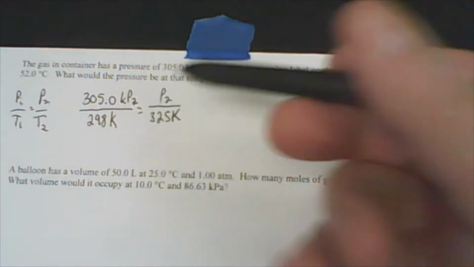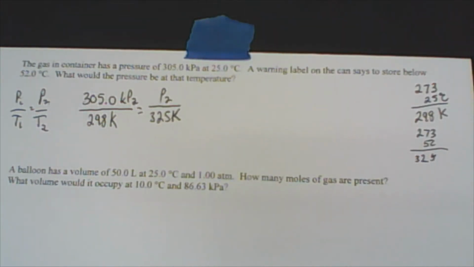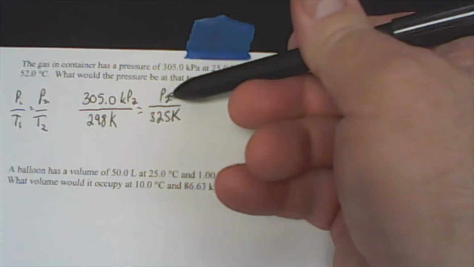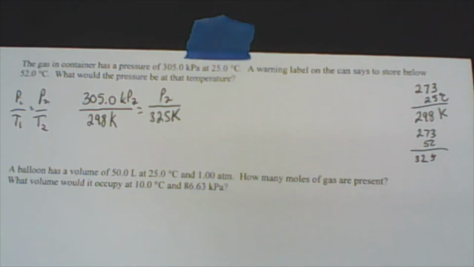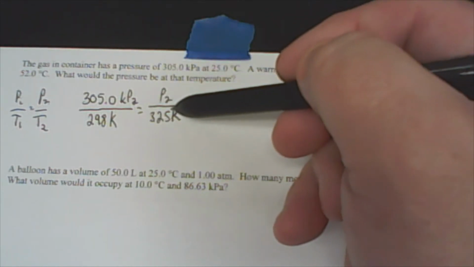Well, this is nice. I got pressure on top, so it makes it a little bit easier to work with. What I'm looking for is on top. If I was looking for temperature, I would have to get that on top of the line first, and then I could get everything else on one side and what I'm looking for isolated on its own side. All right, so at this point, how do I get rid of my 325?